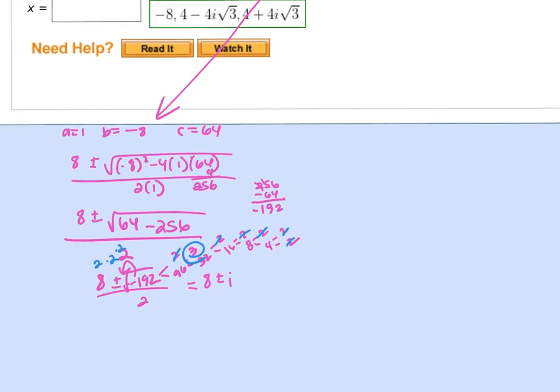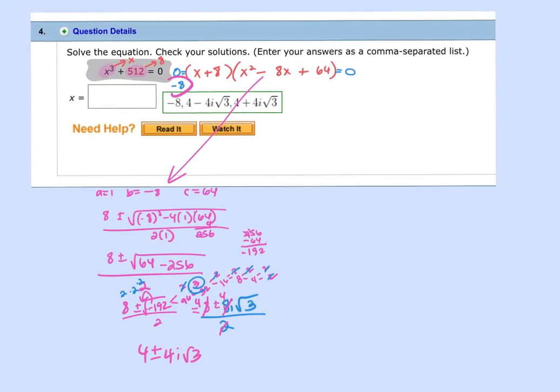So I get 8 plus and minus 8i root 3 over 2, and then 2 goes into both those. Plus the 8 you got from the real part of your factored form. So that would be if you did quadratic, okay?